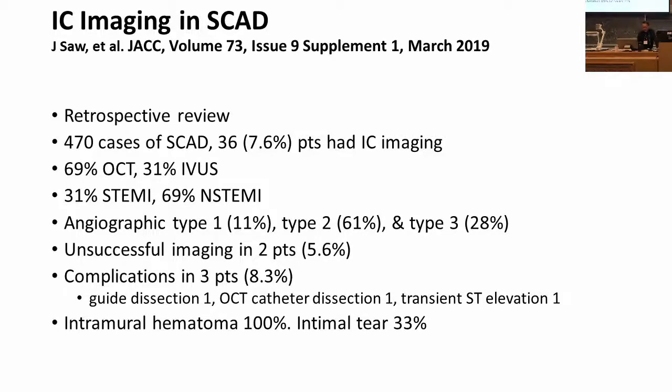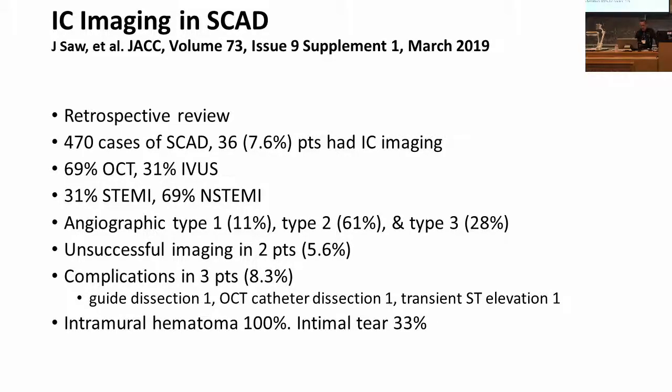3 out of 36 patients had complications. One was a guide dissection, which is the one that I showed you. There was another one that was an OCT catheter dissection. There was one with transient ST elevation. So all in all, 8.3% of the patients who underwent intracoronary imaging had some kind of complication, which can be very bad.